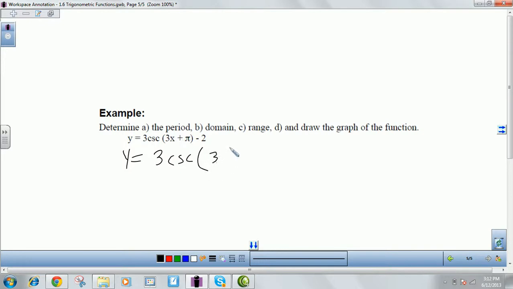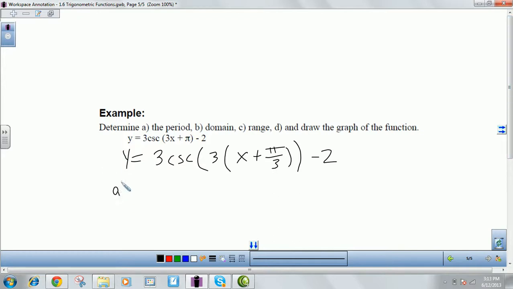So factor that 3 out, that becomes the b. Then you would have x plus pi over 3, minus 2. That way it mimics the equation we looked at on the previous page. From here you have your a, b, c, d. Go ahead and try to sketch a graph of the function, then come back and see how you did.